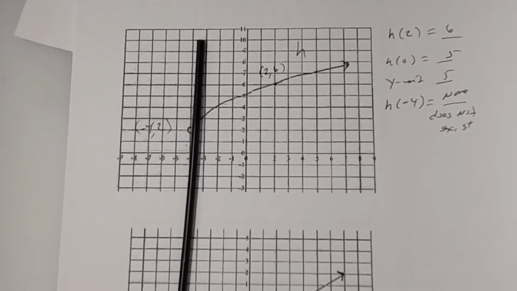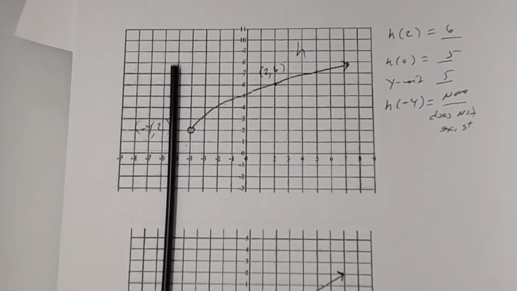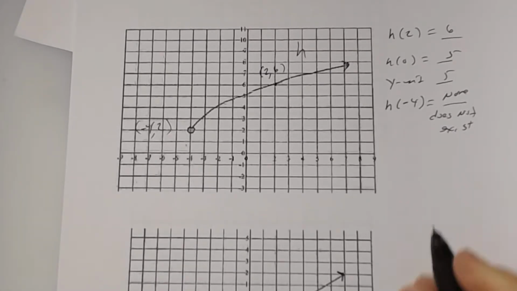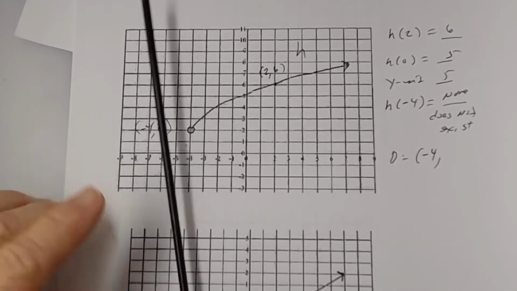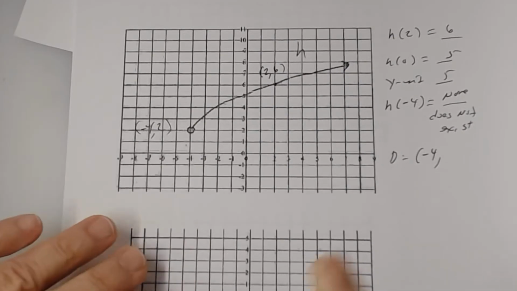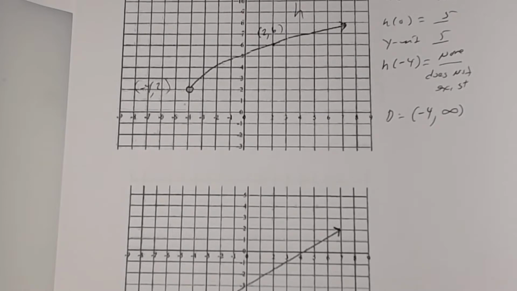What is that x value? Negative 4. But I can't use it because I see a what there? An open circle. So I've got to use parentheses. So the domain will be parentheses negative 4, comma, and then do I ever stop? No. So all the way to what? Infinity.